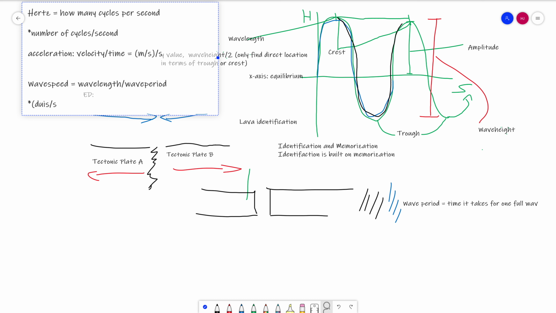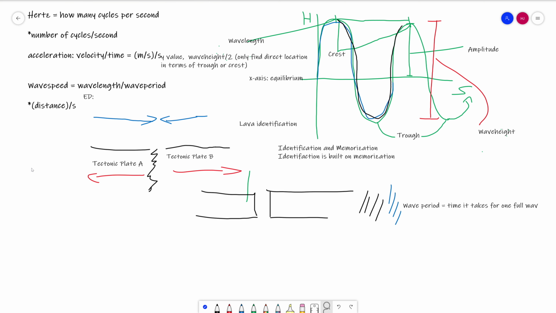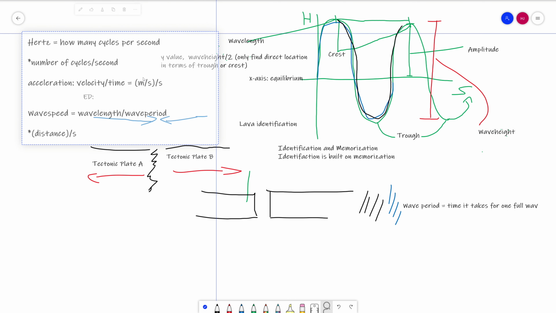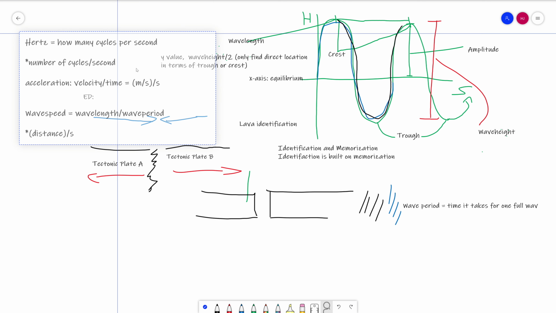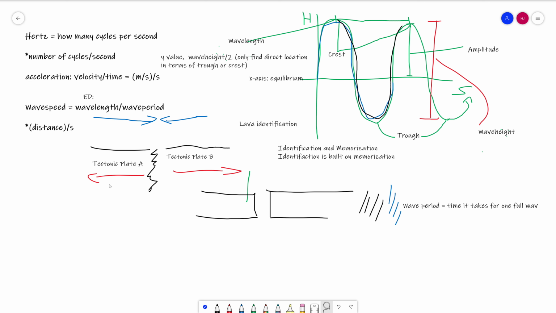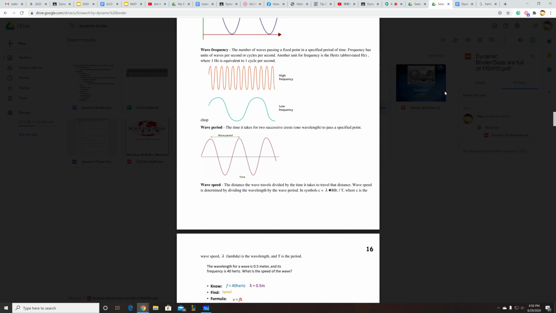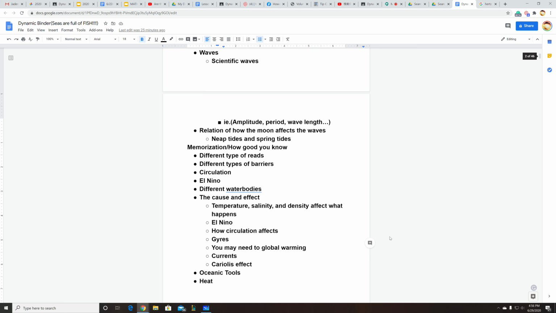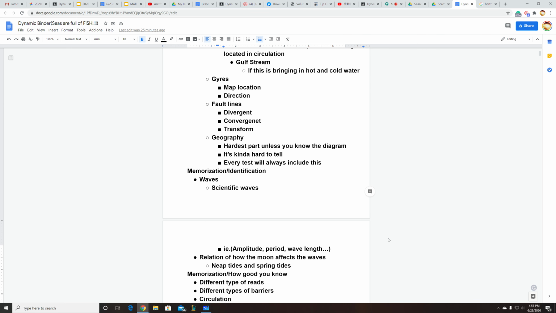It does not necessarily mean meters, because it's distance per second. I'm gonna move this a bit. Basically, you can tell the basics of the wave itself. And this is the waves, and I don't have a lot of time left.